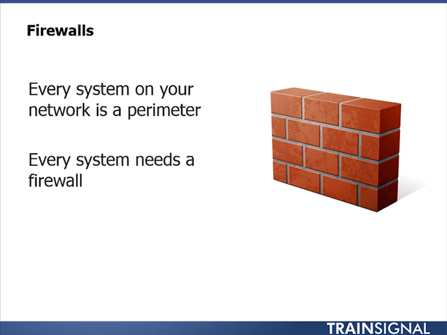And of course, again, just like the flu, somebody else gets infected, so they have the chance to infect other people and so forth. So if that infects, say, a server or another system, it then has the potential of infecting other systems. As a result, every system on your network must be treated as a perimeter. And thus, every system on your network needs a firewall to limit how people are able to communicate with it.